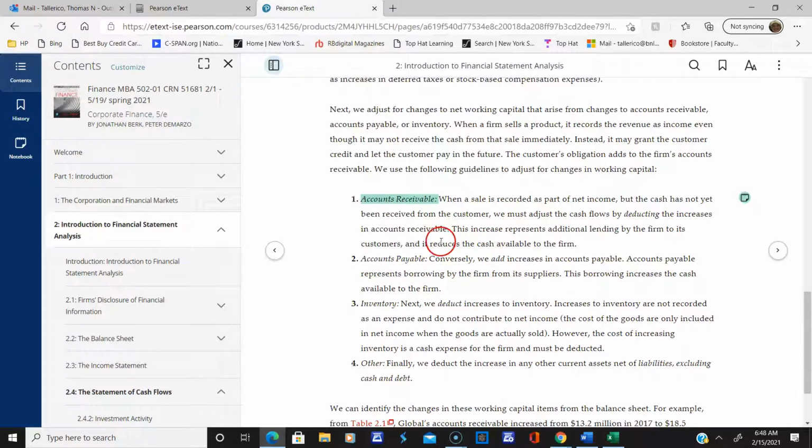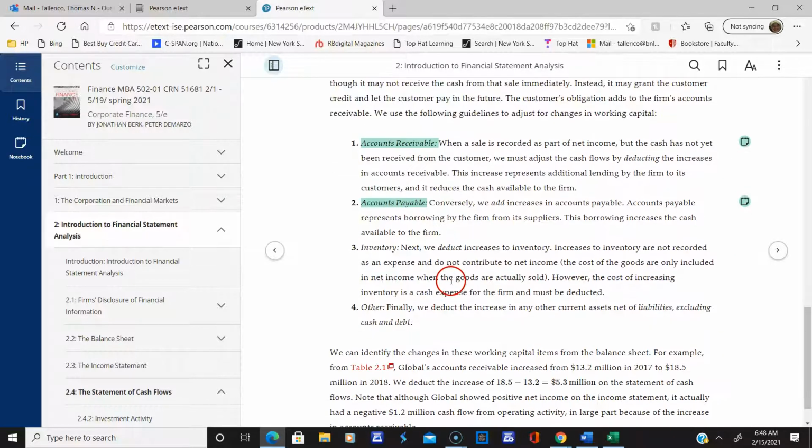Accounts payable are what you owe the vendor, but that's positive because that's money that you haven't paid that you still have. Obviously, you could default on your debts. So we add increases in accounts payable. That's really your cash available to the company because technically you don't have to pay your bills.